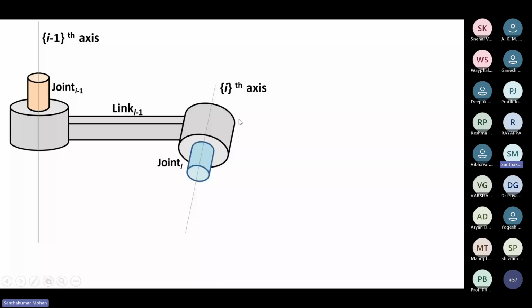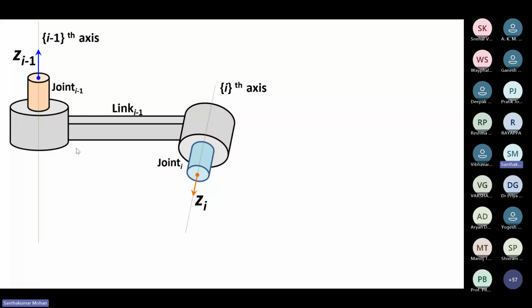Now you see that this link is almost 90-degree twisted. If I rotate so that the axis of joint i-1 becomes parallel to zi, that is the angle I want to rotate, about the common normal between these two.